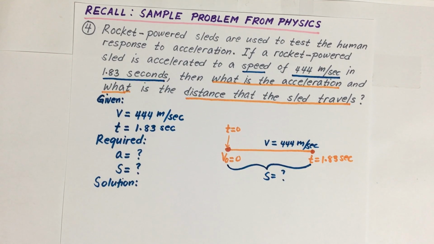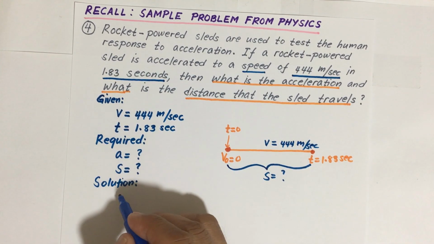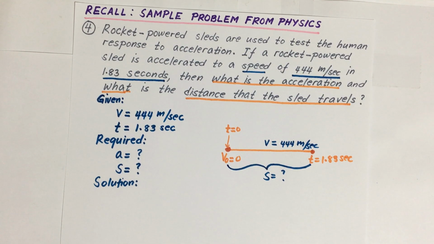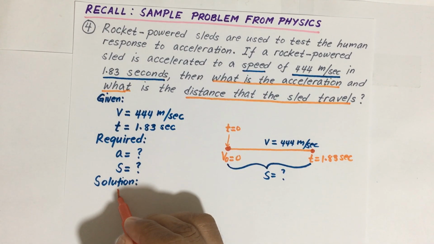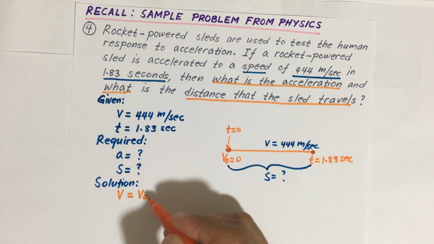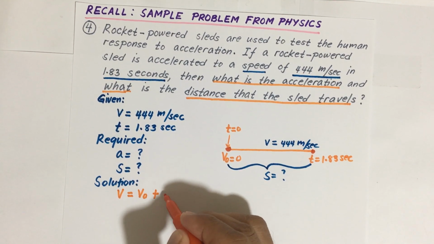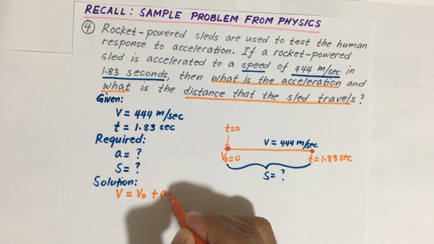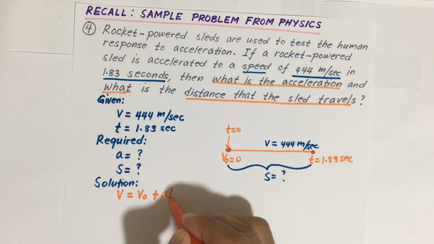Alright, so writing down the formulas. So we have final velocity v equal to the initial velocity v sub 0 plus the acceleration times the time.